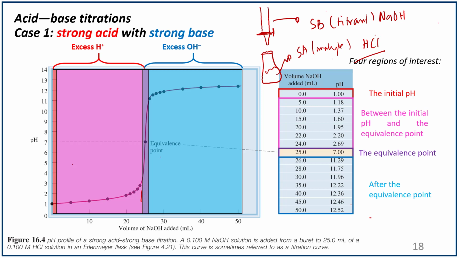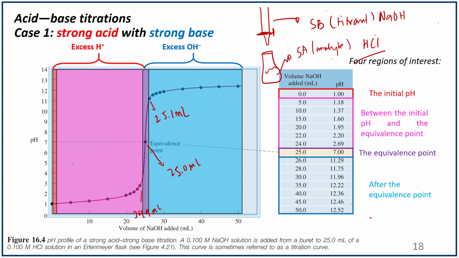So let's just say that is around maybe 24.9 ml, because the equivalence point here is at 25 ml. Notice how there is a dramatic spike in pH, and then there's also a dramatic change once you add another 0.1 ml. So this one's at around 25.1 ml. Okay, so this is characteristic of strong acid, strong base titration.